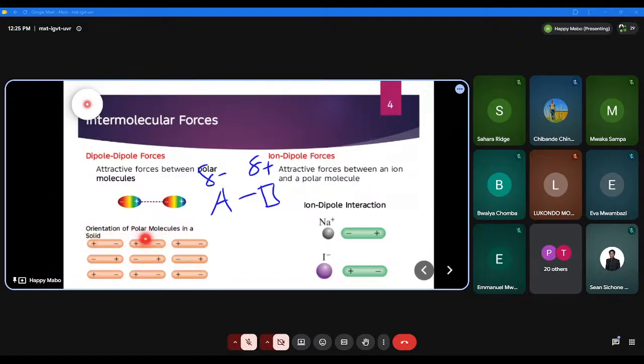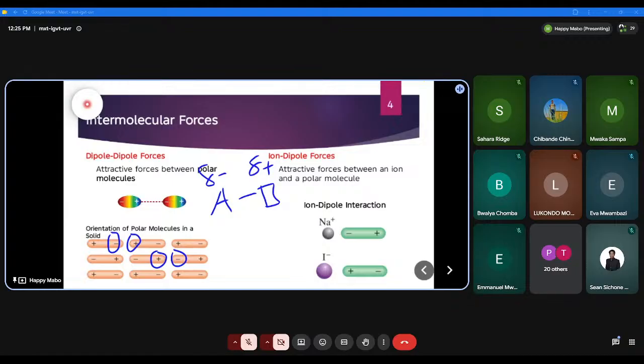okay, the orientation is going to be such that the parts that are positively charged will orient themselves closer to those that are negatively charged. Then you have this pattern repeated almost everywhere. There's this orderly plus minus plus minus plus minus arrangement within the structure, and this arrangement that you see here helps us to explain why polar solids have got defined structures.